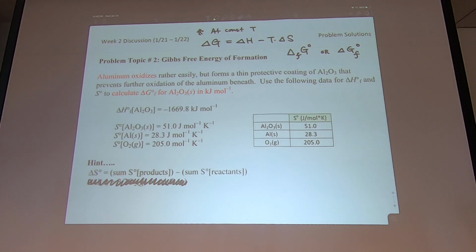Now we're just applying it to the formation of a particular compound, and we just need to figure those terms out. At the standard state, that's another constraint. Those are the two specifications. But G is related to enthalpy and entropy combined with the temperature, and that's the one.